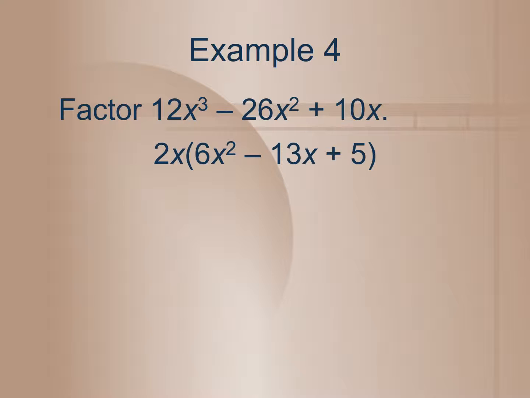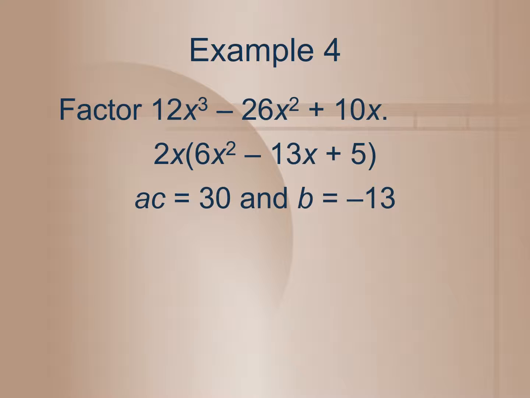So from here, now I need to factor this trinomial. So my a is 6 and my c is 5. So I'm looking for 2 numbers that multiply to 30, but then they have to add up to negative 13. So I know that 6 and 5 multiply to 30, but I don't think they will add up to negative 13.